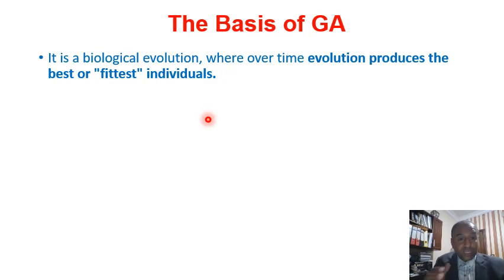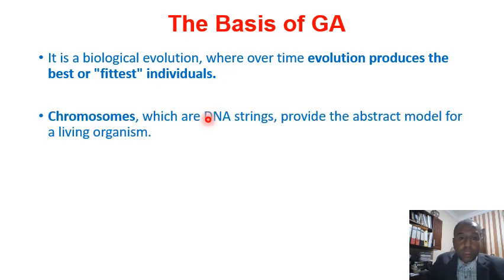So initially we create a population and then apply some alteration through reproduction in order to arrive at better individuals. In fact, those individuals are new solutions, better solutions, that have better characteristics to solve the problem.